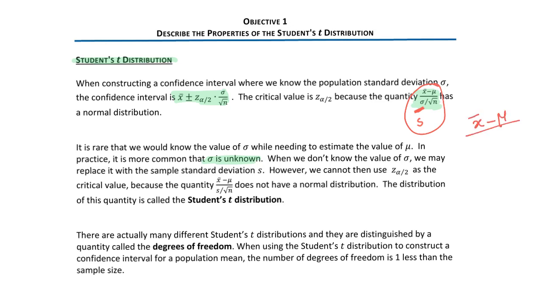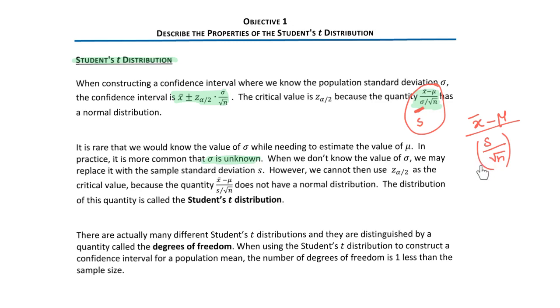So right now we have S divided by square root of n. Since S is smaller than sigma, this entire quantity will increase in magnitude. Now we cannot use z alpha over 2 as the critical value because this quantity does not have a normal distribution.